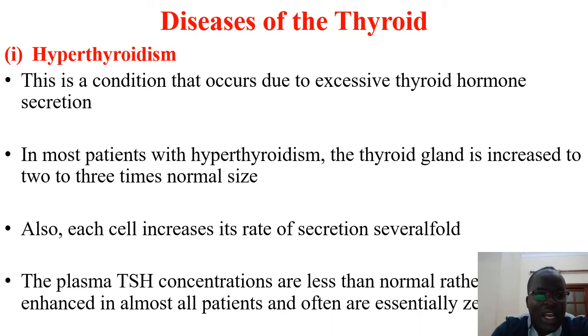The first one is hyperthyroidism. From the name itself, hyper, it means it's on the higher side. Thyroidism is the activity of the thyroid gland. So in hyperthyroidism, the thyroid gland is stimulated more to produce a lot of thyroid hormones. This is a condition that occurs due to excessive thyroid hormone secretion.